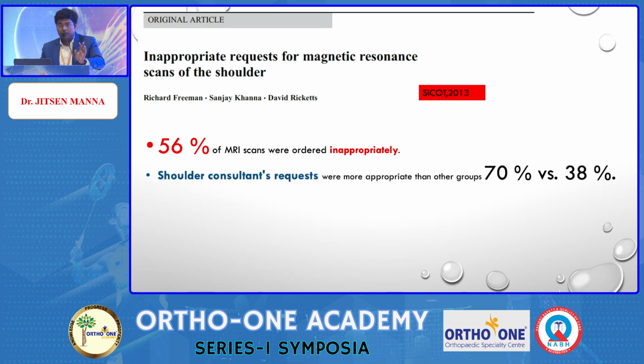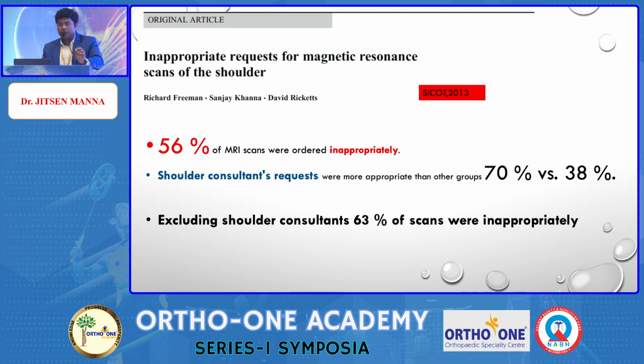And when the MRI was advised by a shoulder consultant, the accuracy level went up from 56 to 70%. And the last, very important part: if we remove the shoulder consultant from this whole group and keep only basic doctors, physiotherapists or normal orthopedic surgeons, the margin of error goes as high as 63%.